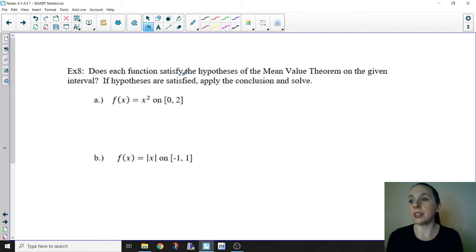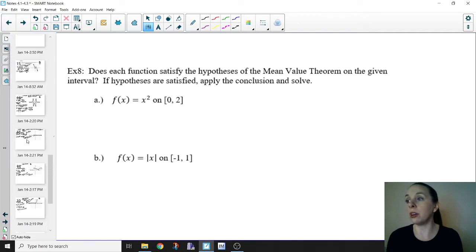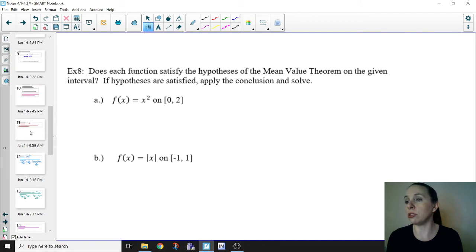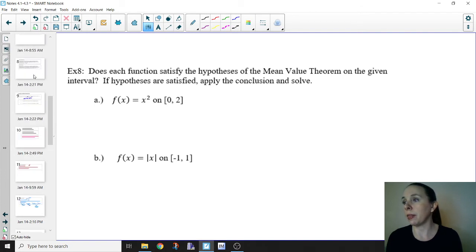If the hypotheses are satisfied, apply the conclusion and solve. Okay, so this is just some basic problems to help us ease into mean value theorem. We will definitely look at this again, in our AP practice and actually in the next chapter as well. But we're going to start with some simple ones here because we're still trying to get used to what are the hypotheses and conclusion of the mean value theorem.